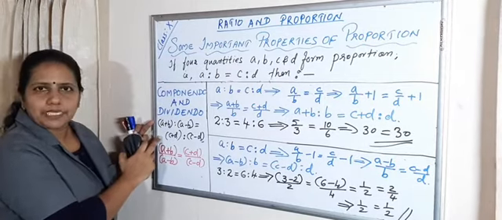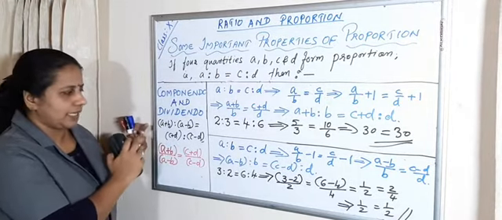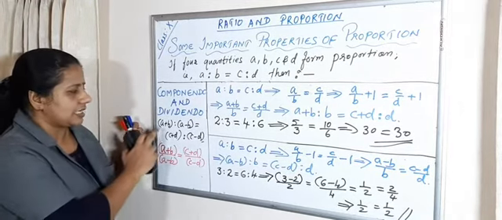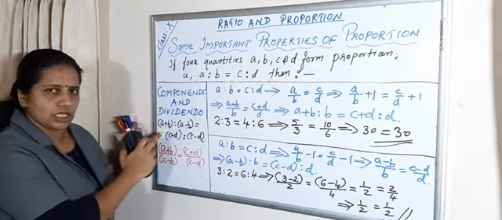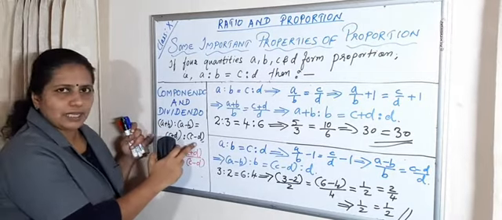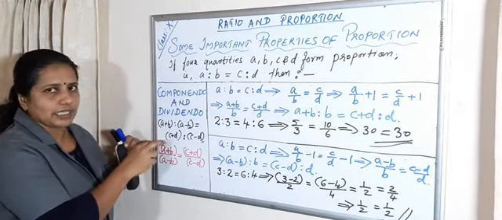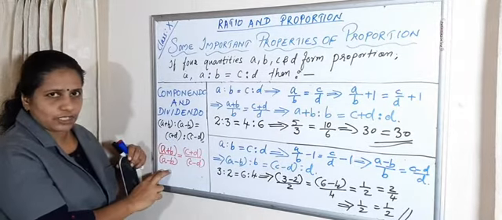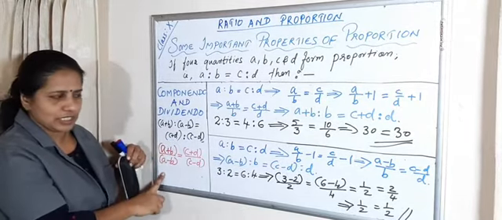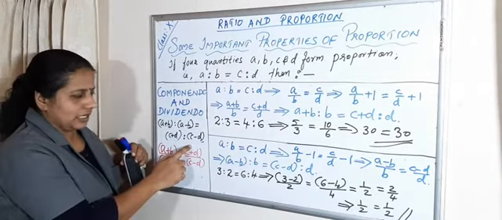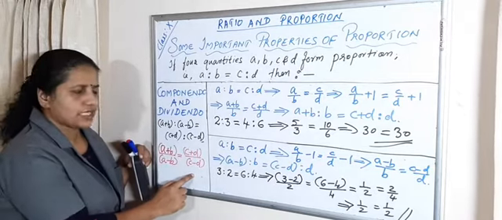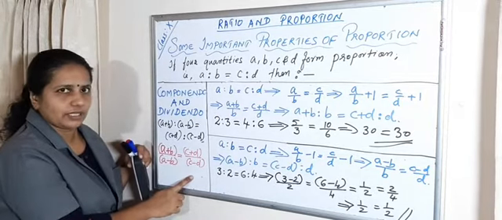Here A plus B is to A minus B equal to C plus D is to C minus D, that is, (A plus B) by (A minus B) equal to (C plus D) by (C minus D). That is, we are taking the sum of the first two quantities and the difference of the first two quantities and making ratios, and similarly, the sum of the next two quantities and the difference of the next two quantities and making ratios.